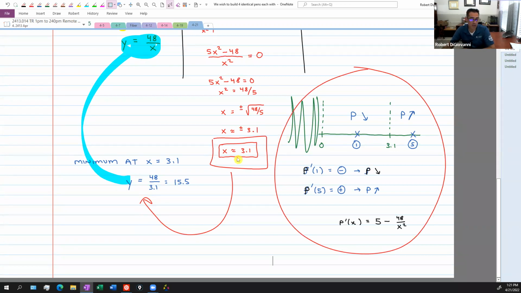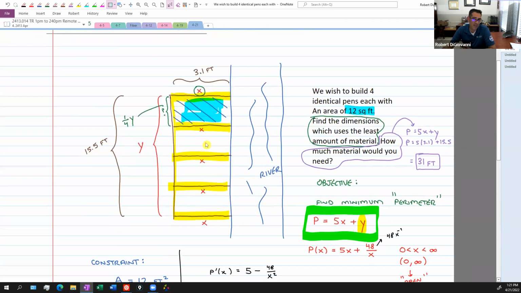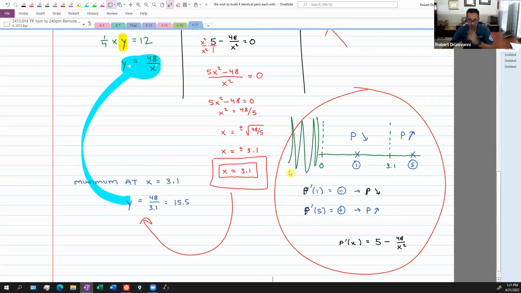Because you have found a critical number, but you have not shown me that it is a minimum. It could be a maximum. You don't know. Now within the problem, it probably makes sense that it should be a minimum, but you still have to show it. Okay, we good?